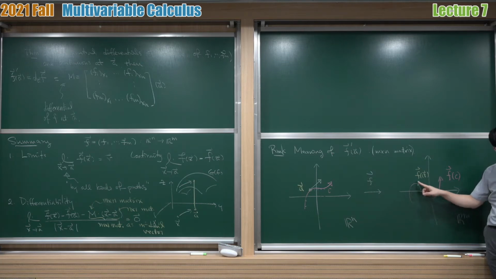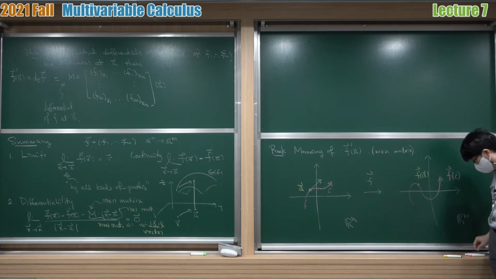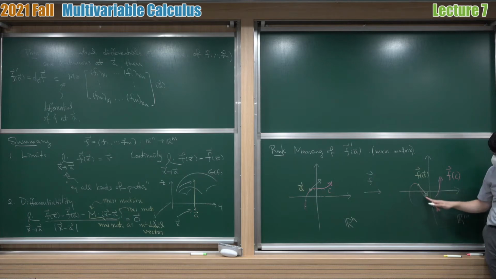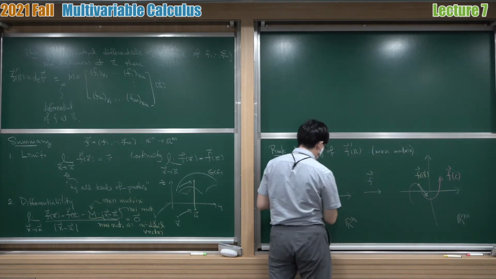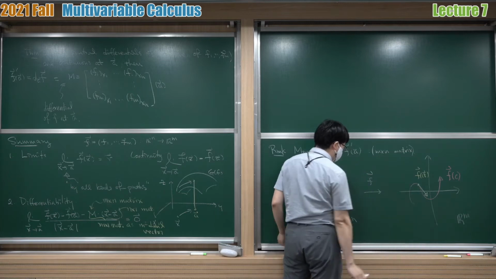Since I'm moving on the domain space, the corresponding point on the target space is also moving. When it just passes f(A), it should have an instant velocity at that point. Suppose that my instant velocity is in this direction. It should be tangent to the output curve here. So this is what the function f does to the domain space and the target space.